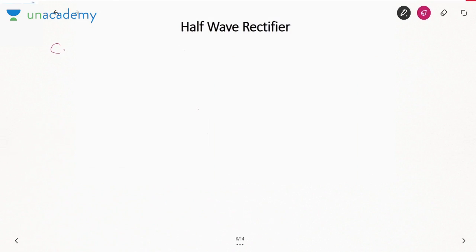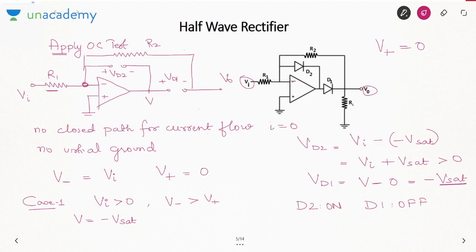So I'll go for case number 2, that is when Vi is less than 0. In that case, the negative terminal voltage is less than positive terminal voltage, so the value V will be minus Vsat. If we see the previous circuit, what will be the value of VD2?